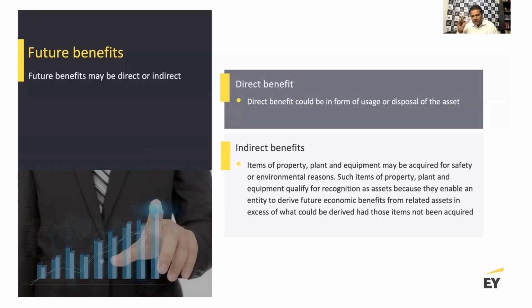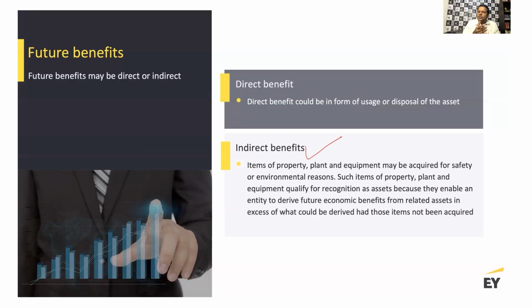Now, the process of managing pollution is actually not adding to the quality of the output from the plant, but what it is helping you do is manage the environment, or meet the regulatory requirement for your plant to continue to be operational. And that is being termed here as something which is an indirect benefit.